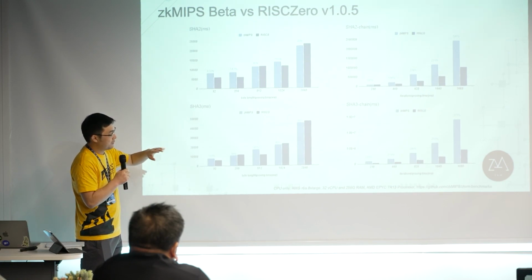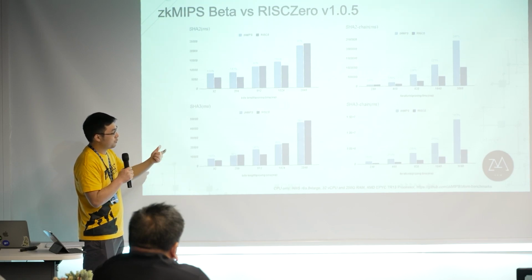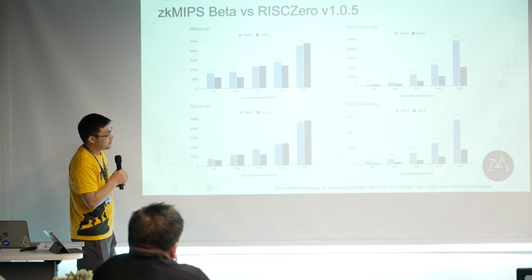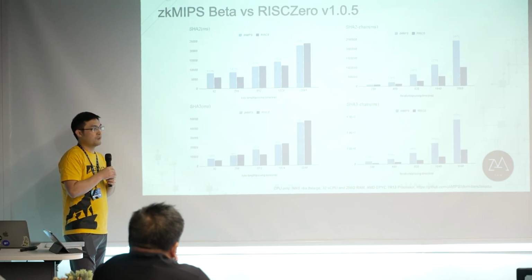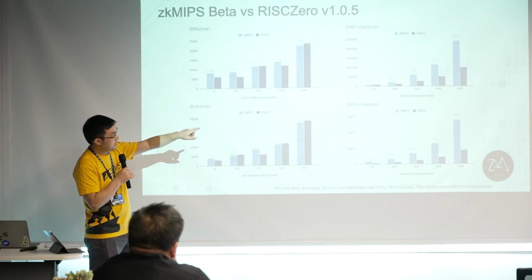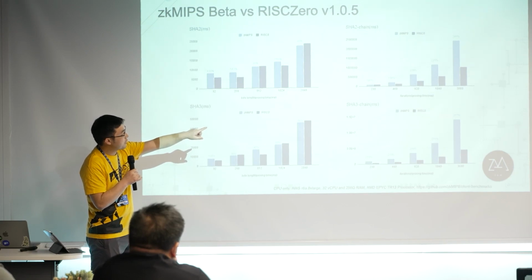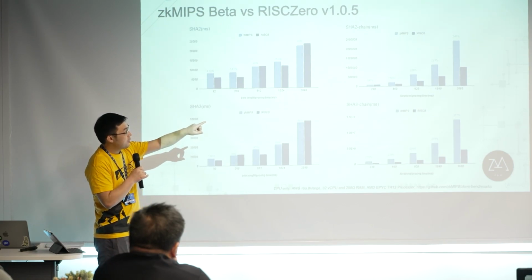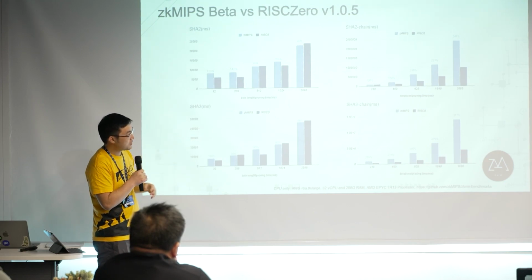We need more time to prove it, but the difference is not very big. For that SHA-2, you can see that we are slower than them by 341%.